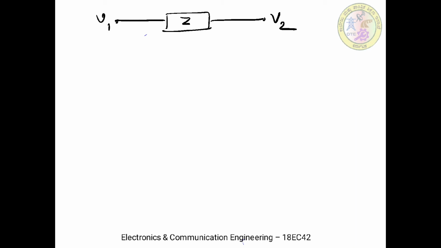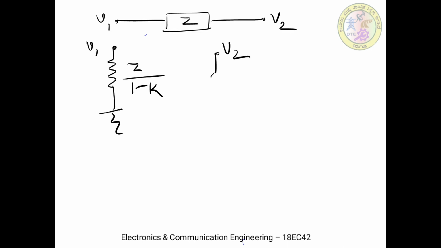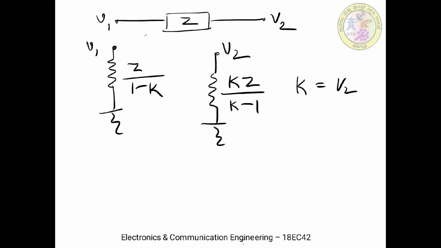So this V1 node can be connected with one resistance. Okay, so whose value will be Z divided by 1 minus K, and the other node V2 can be connected with one more whose value will be equal to Kz by K minus 1. Okay, where K is equal to V2 by V1. So this is what it is, the Miller's theorem.